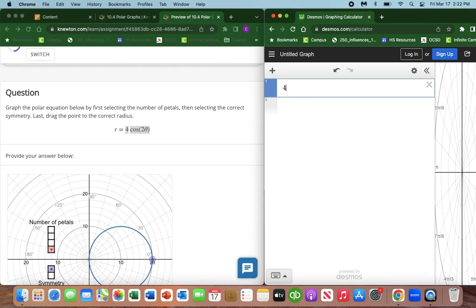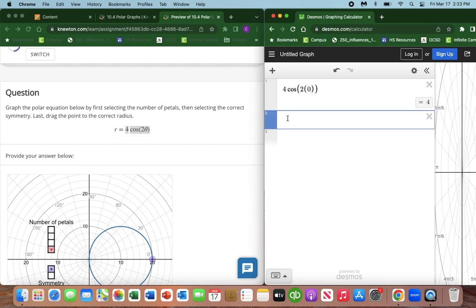We'll say 4 cosine 2, and I'll start with 0. But then I'm going to use pi over 2. Because it's cosine, I can go ahead and use pi over 2. If it were sine, I'd do something different, but for cosine, I'm going to just keep using pi over 2.